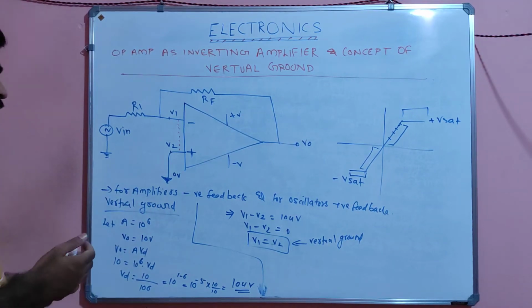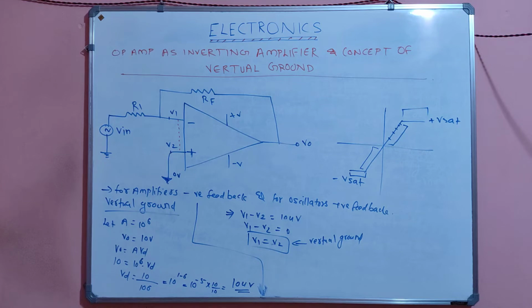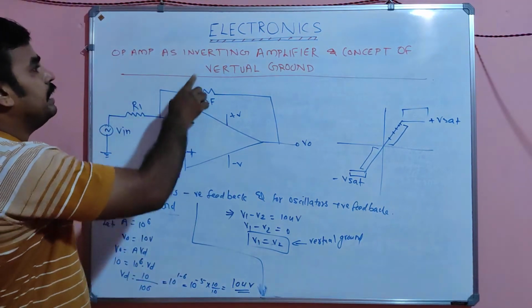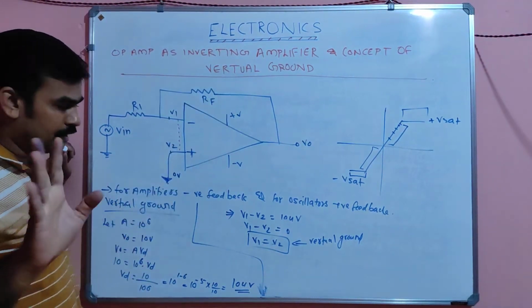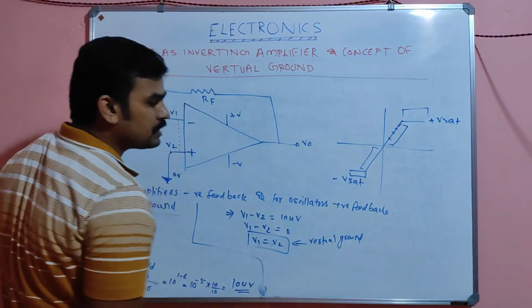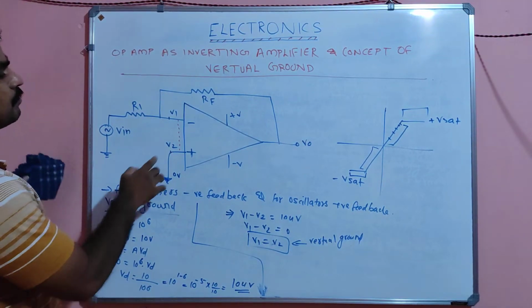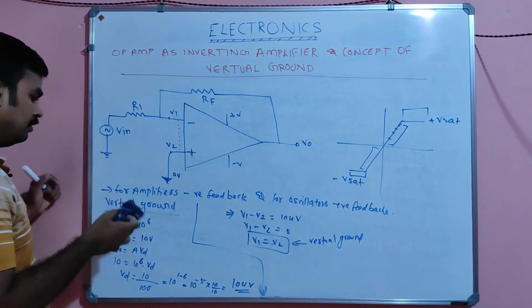Now, suppose our aim is the inverting amplifier. V1 equal to V2 is called the virtual ground. Now we have the idea of virtual ground, so whatever the voltage here, the same voltage will exist here also.